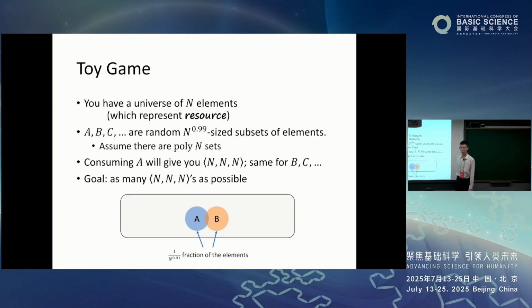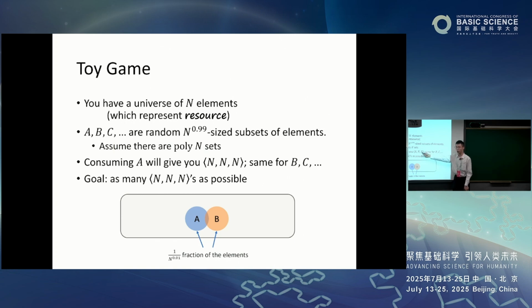So in this toy game, we have a universe of n elements. They represent some type of resource. And there's also a sequence of sets, A, B, C, and so on. Each set contains n to the 0.99 random elements in the universe. For each set in this sequence, let's say A, if we would like to consume all of the elements in A, that will give us a matrix multiplication tensor of size n by n by n, which is a valuable resource that we really want.